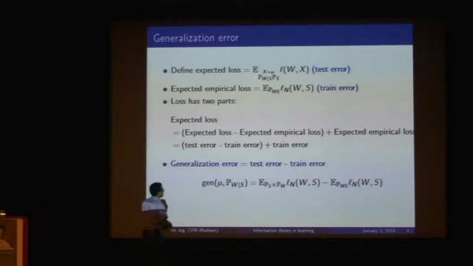So if it helps, you can think of this as S bar. It's that unseen set, but since it has the same distribution, I'm continuing to call it S. The first thing is conditioned on S, but if you look at the LWX, there is no S showing up. So we only care about the marginal of W. We don't really care how that W is obtained. It only depends on the marginal of that W.